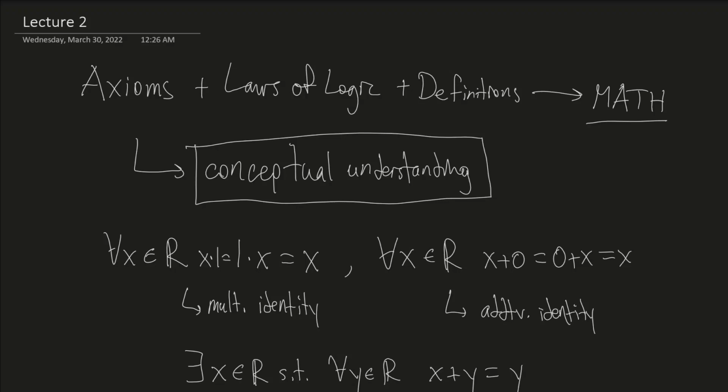And so those by themselves, just the axioms that we assume to be true, and then the laws of logic, those are really enough to give us our whole set of statements that we could derive in math.